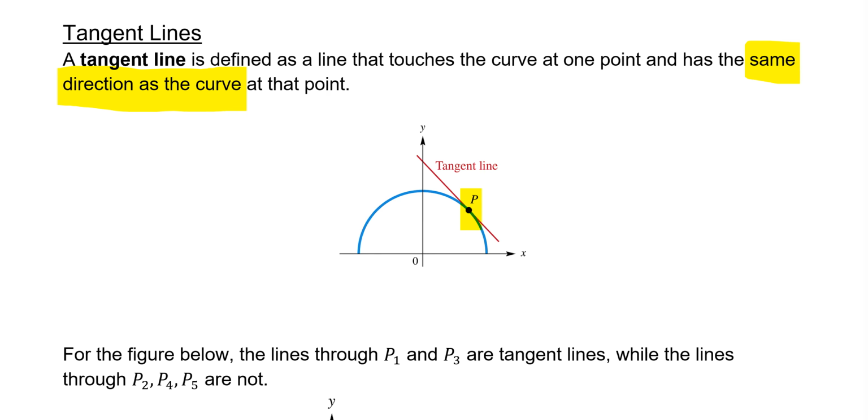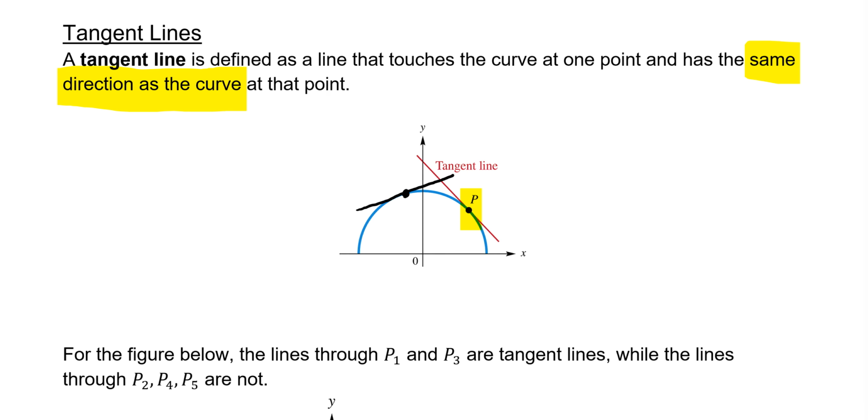The tangent line, as you can see, touches the circle at that point and has the same direction as the curve at that point. If you wanted a tangent line over here, you can see that the curve is increasing. Maybe the tangent line would look something like this at the point.